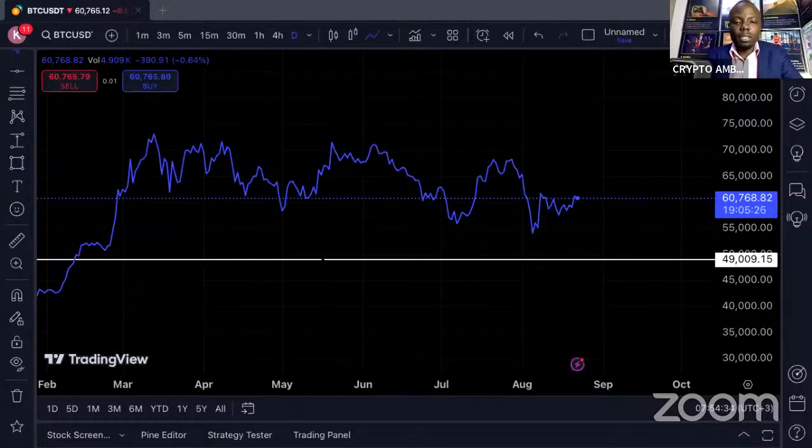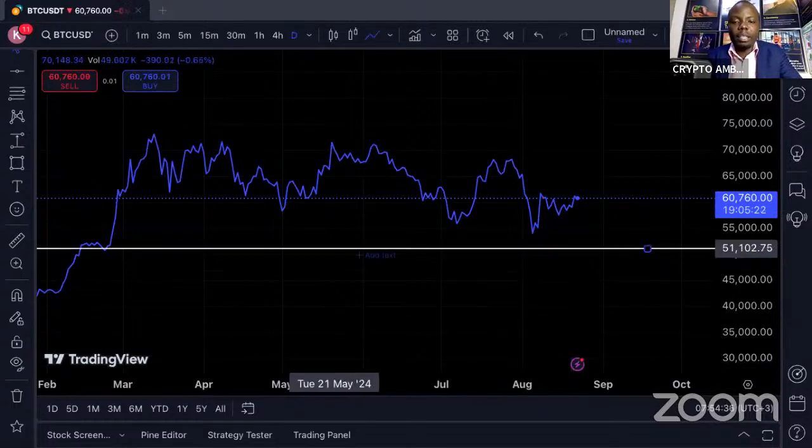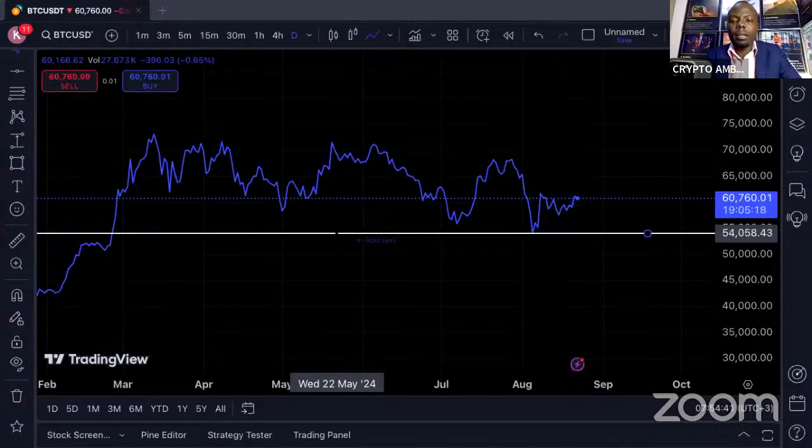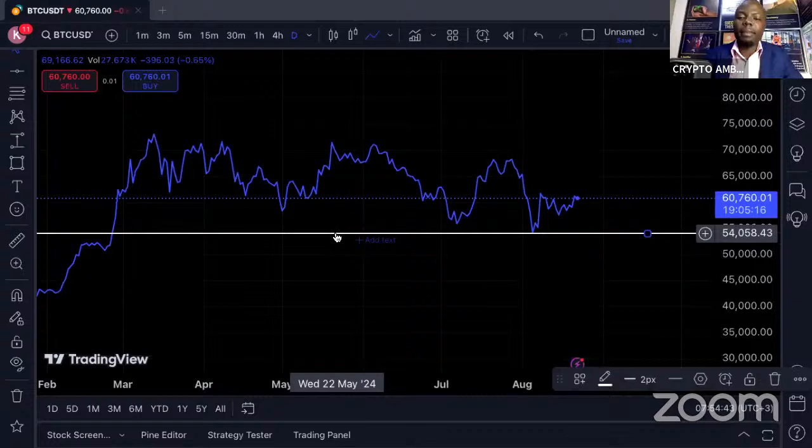Instead of me drawing it down here, why should I do that? It helps me avoid points in the market that could cause what we call a bull trap and a bear trap.